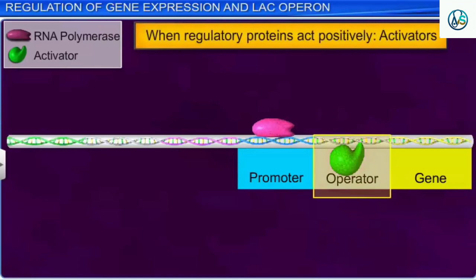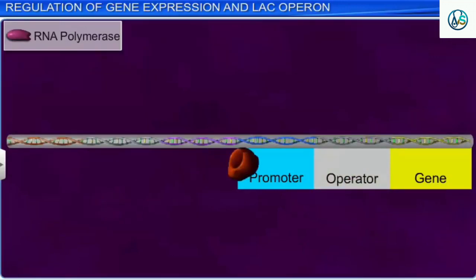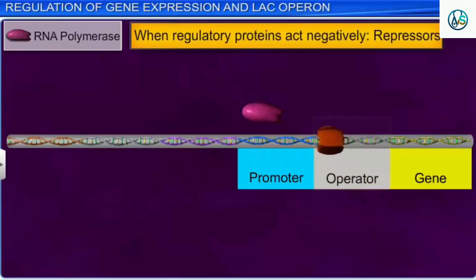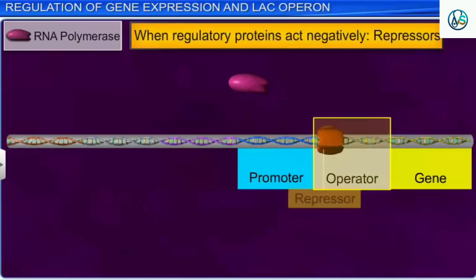When regulatory proteins act positively, they are called activators. And when they act negatively, they are called repressors.